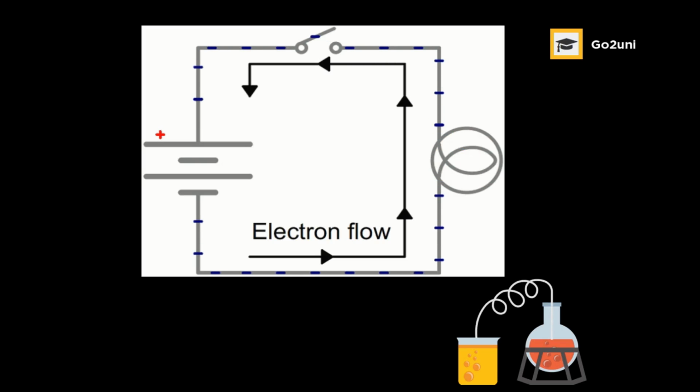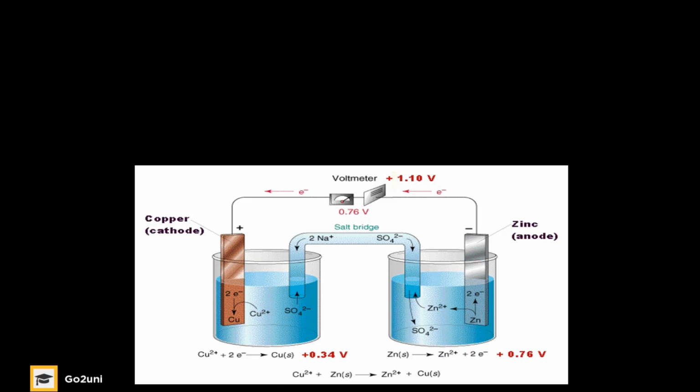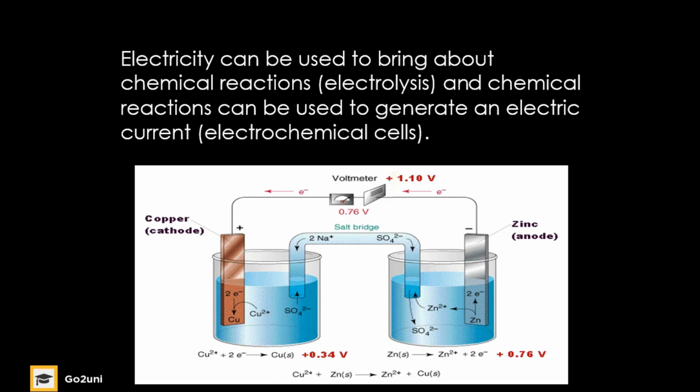So having seen current electricity, let us proceed to looking at more of the features of current electricity. We have said earlier on that electricity can flow through some substances and it triggers a reaction.